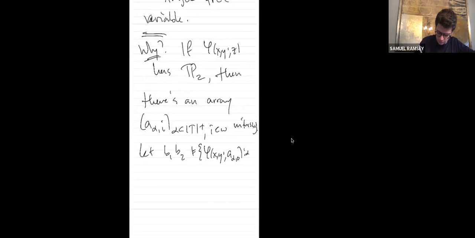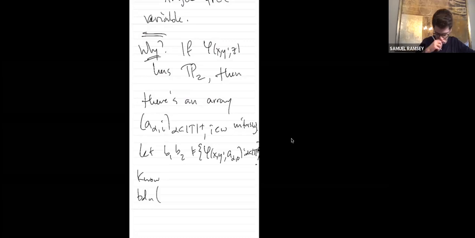So what we know is that the burden of B1 times B2 over the empty set, by which I mean the burden of this type, is therefore at least t^+, which really means that it's equal to infinity. And that's, of course, the same thing as t^+ times t^+.